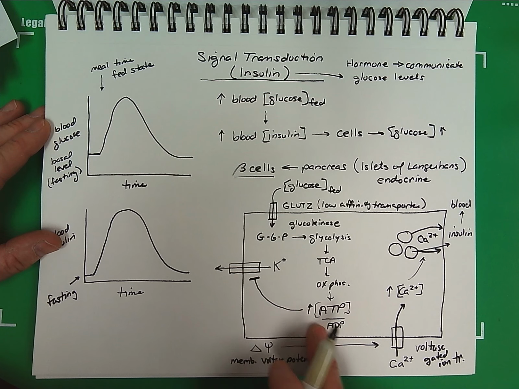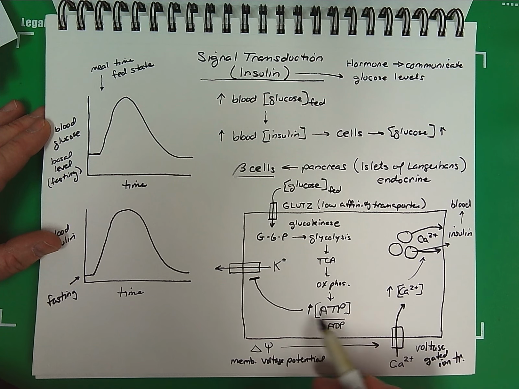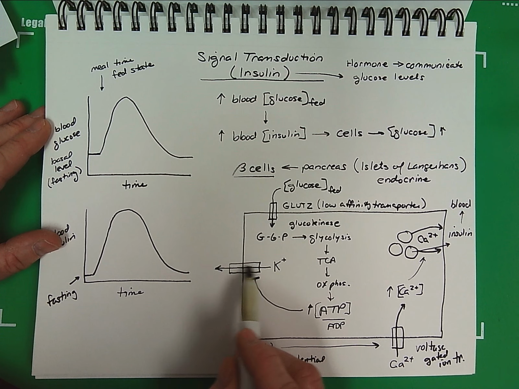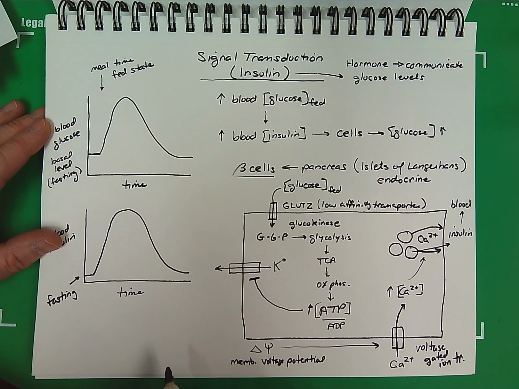And by normal cell activity, the ATP begins to be used and its concentration decreases. When the concentration of ATP is sufficiently low, the potassium channel is now allowed to activate. The inhibition is relieved. Potassium ions now flow.